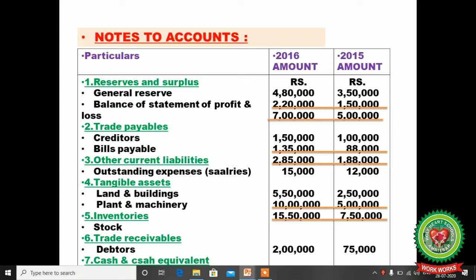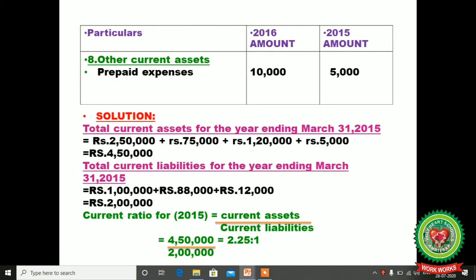Okay. You know what the formula for the current ratio is? Current assets divided by current liabilities. So how to apply it to the formula? Current ratio for 2015 is equal to current assets divided by current liabilities: 4,50,000, your total current assets, and your total current liabilities 2 lakh.